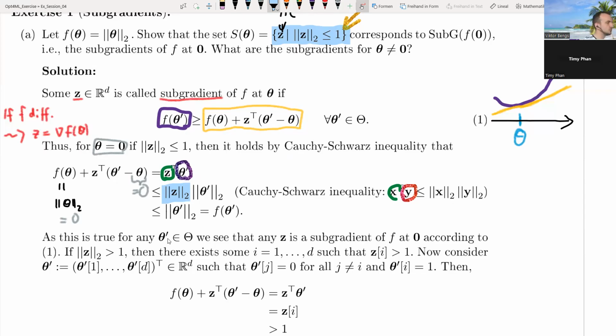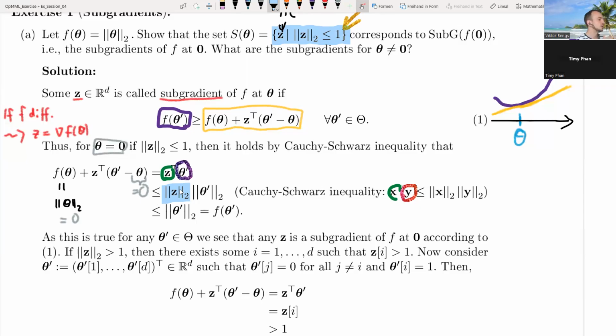And this is true for any theta prime. We haven't specified anything about theta prime, and we haven't specified anything about z, except that its Euclidean norm is bounded from above by 1. So we see that all vectors in the unit ball satisfy the subgradient property, so they are definitely a subset of the subgradients.